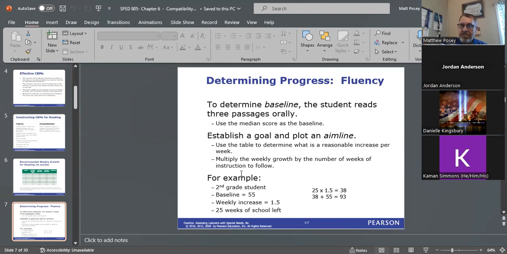Now, I will tell you this. When you do your baseline, let's say, just as an example, you give your first probe, scored out of 20, and the student scores a 13. Then the second time you give it, they score 9.